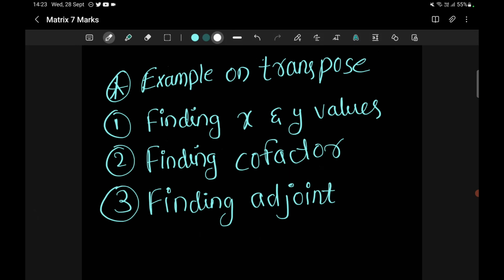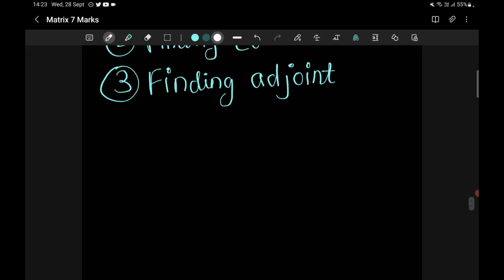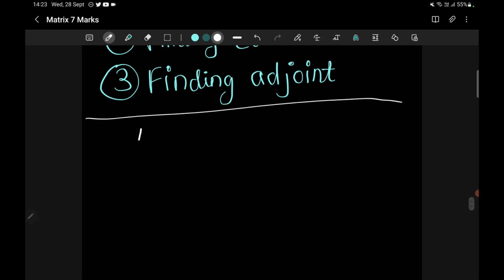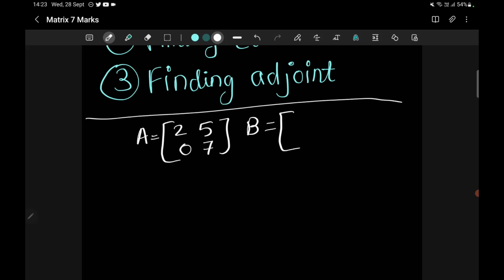In this part of the video, first we'll see another example on transpose. We'll take one example. We'll take A as 2, 5, 0, 7 and B as 3, minus 2, minus 5 and 4.